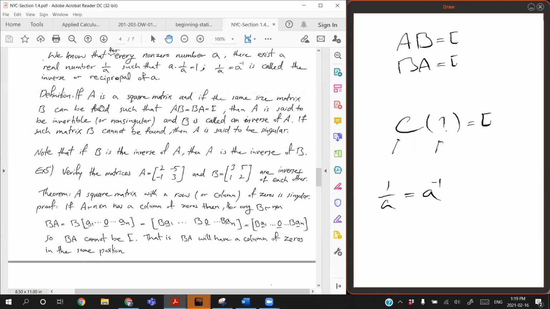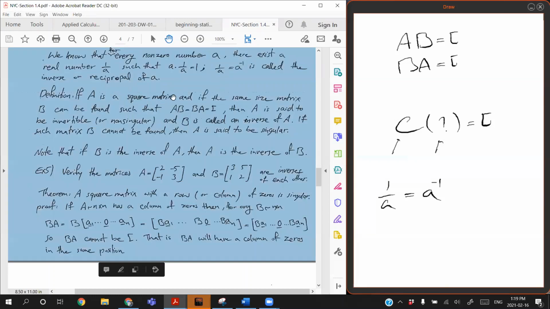Now, the definition for matrices. If A is a square matrix, and don't forget that inverses are only defined for square matrices. So if you have a matrix that is not square, if it's, for example, 2 by 3, then we don't talk about the inverse of a matrix that is not square. Only square matrices have inverses.